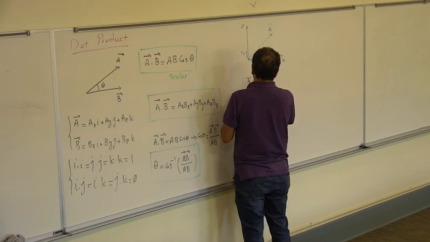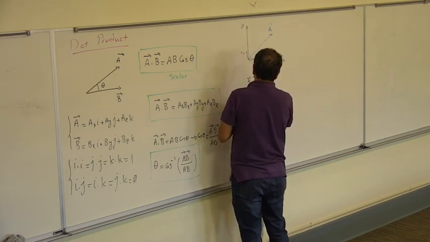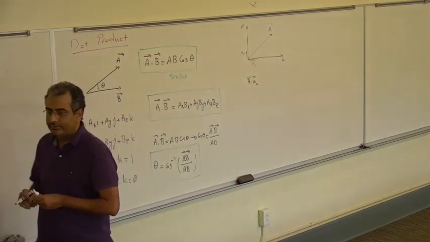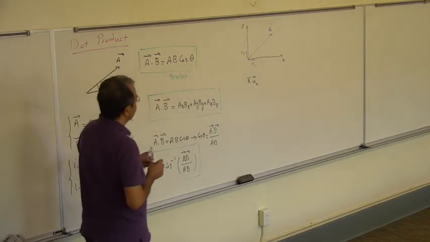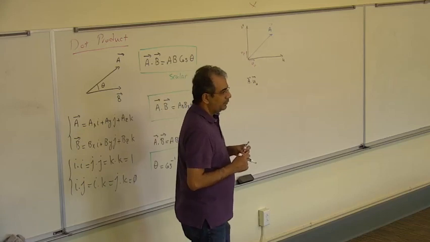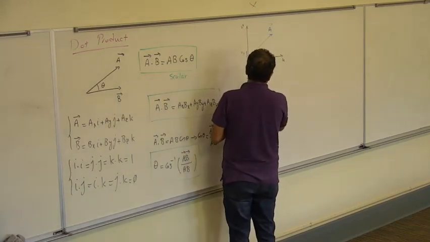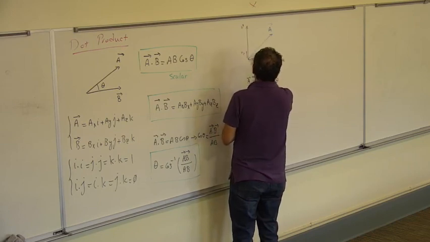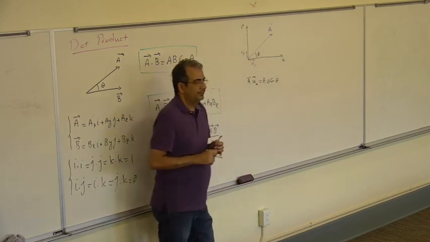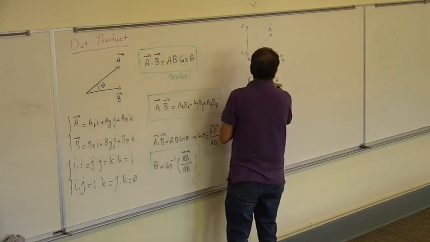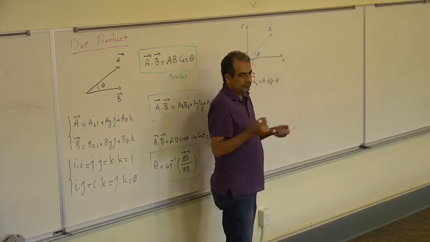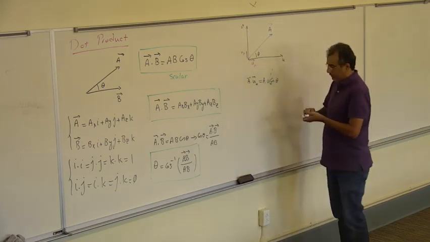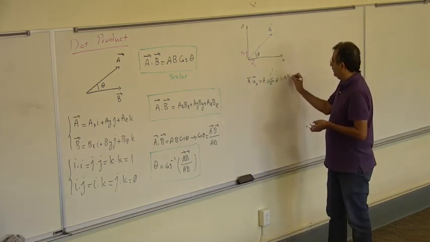A dot u is going to be the magnitude of A, the magnitude of u, and the cosine theta, assuming this is theta, correct? So what's the magnitude of u? It's a unit vector, so it's 1. So it's going to be A cosine theta.